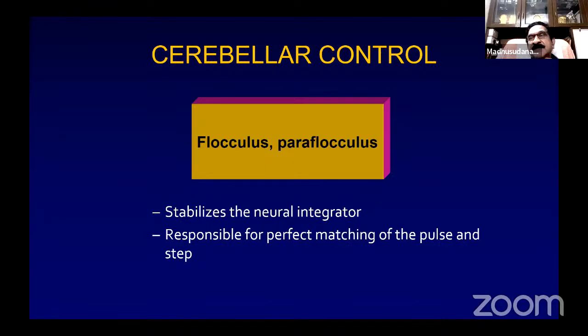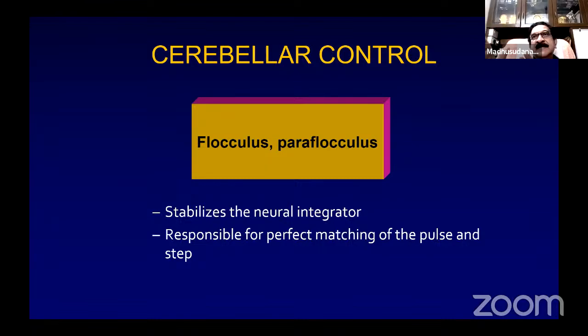But it's not enough. When the pulse stops, what will happen? The eye will come back to the primary position, because of the inherent pull of the viscoelastic properties of the orbital muscles. To prevent the eye from being pulled back from the eccentric position, there has to be a continuous stream of impulses going to the agonist muscles, even at the end of making a saccade.